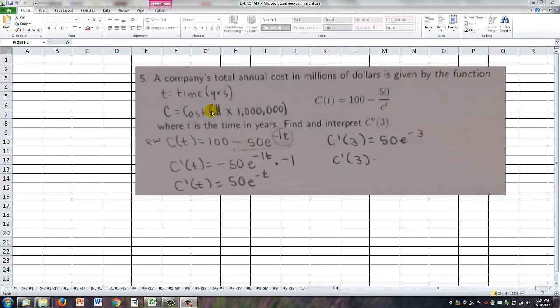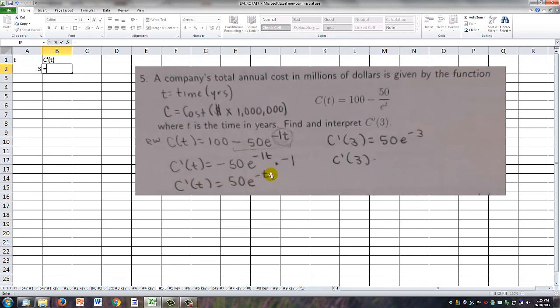Okay, so this one we're asked to find c prime of 3, which means you had to take the derivative, which we did, and evaluate at 3. So my input is t for time in years. My output is cost, but it's money in millions, and we're trying to find the derivative. So we want to go ahead and put the 3 in, and let's put this derivative in.